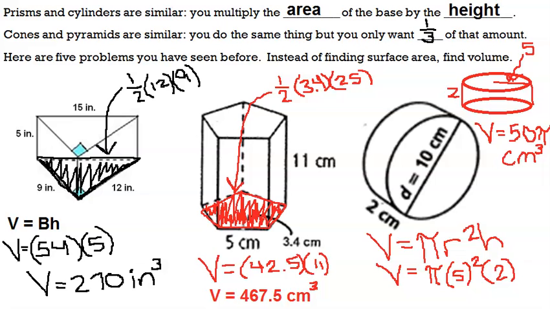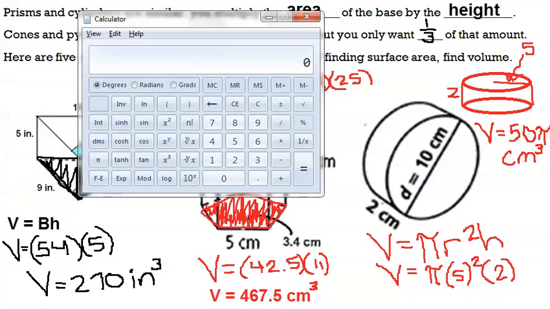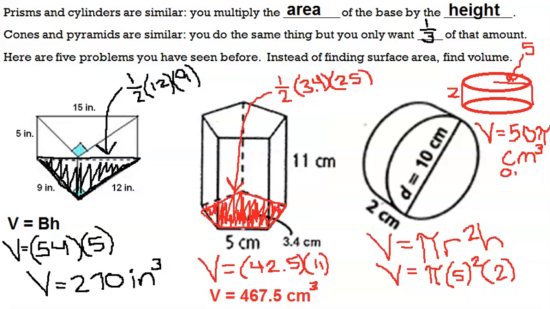Now, sometimes you're going to see a teacher or a test or a quiz that wants it rounded to 2 decimal places. In that case, you could just do 50 times pi, and you would get 157.08 cubic centimeters, or centimeters cubed.